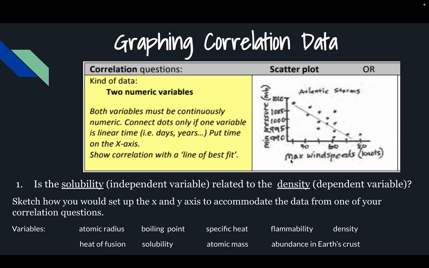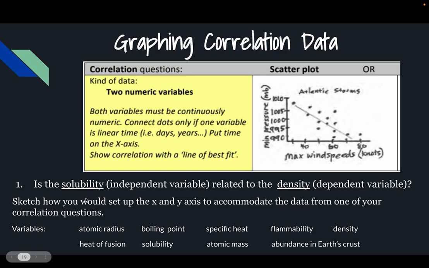So solubility would go on the x-axis, density would go on the y-axis. I would plot my points, and then I would use a line of best fit to see if there was a relationship there that could be illustrated by a line, a trend line, or a line of best fit.